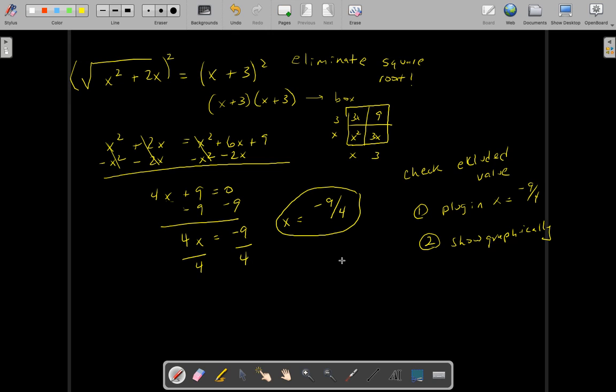So let's see how it looks. If we do this math out, we divide 9 by 4, so we should get negative 2.25. That's what we're going to be looking for in our graph.